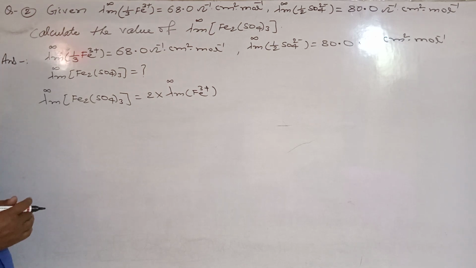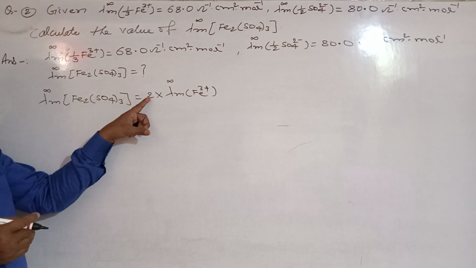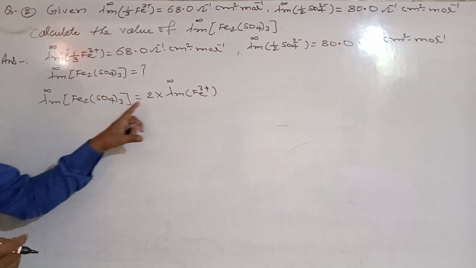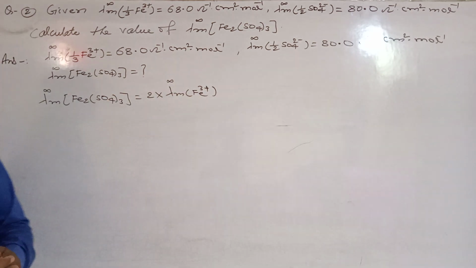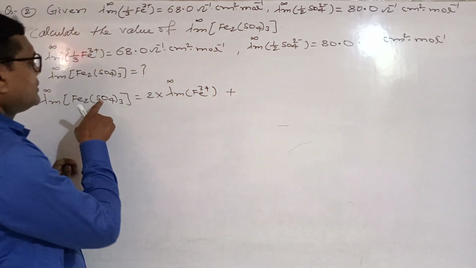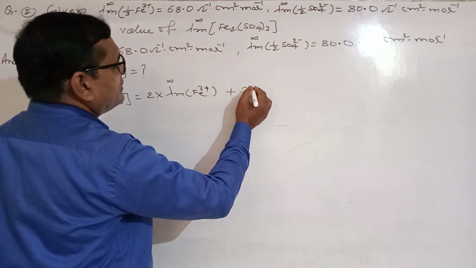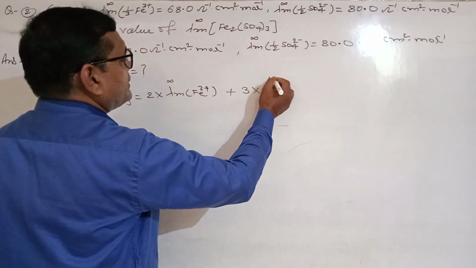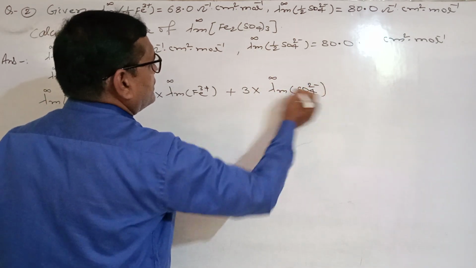The valency of Fe is 3, so we write 3 positive charge. It is called ferric ion. We write plus: the number of sulfate ions is 3. Here we write 3 into lambda infinity m of SO4 2 minus.